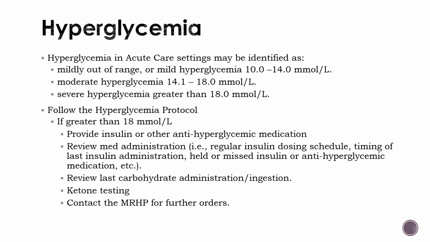Contact the most responsible health practitioner for further orders. The most responsible health practitioner may consider physical or lab assessment to rule out DKA, that is diabetic ketoacidosis, in patients with type 1 diabetes.